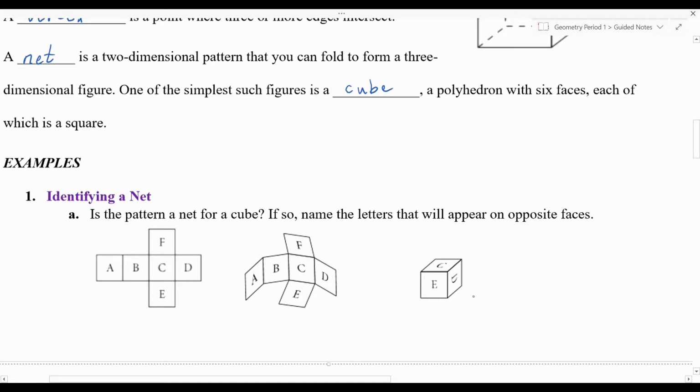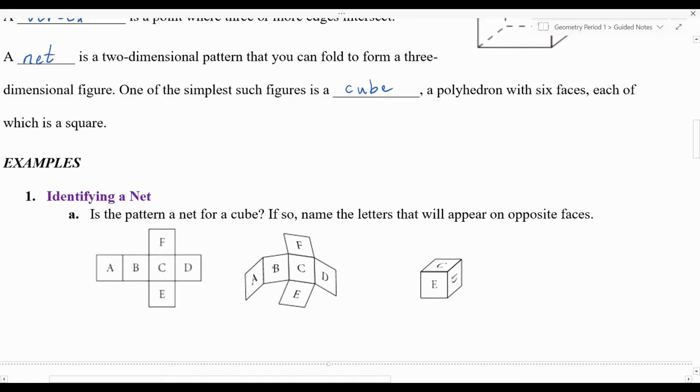So let's look at what letters would be on opposite faces. We can see, based on the second figure, that B and D will end up being opposite sides.